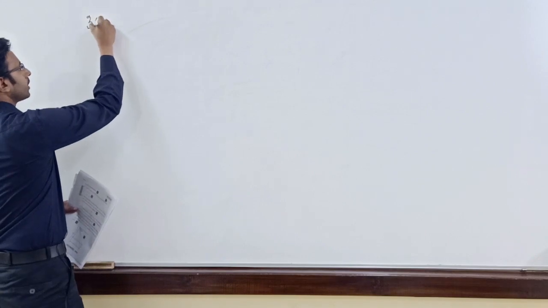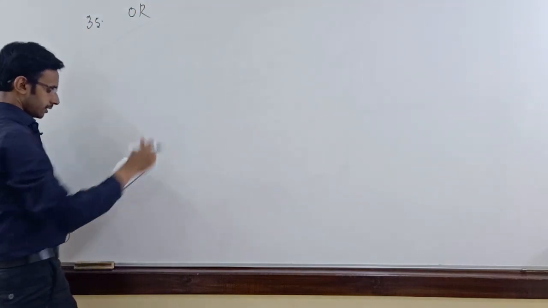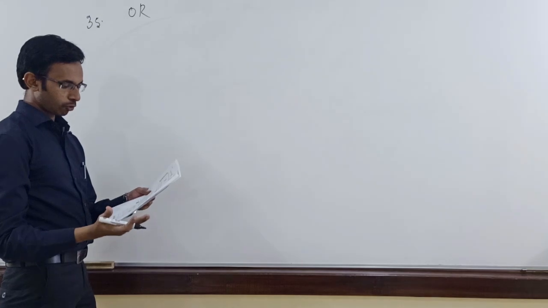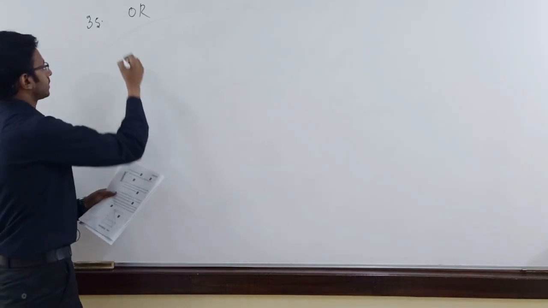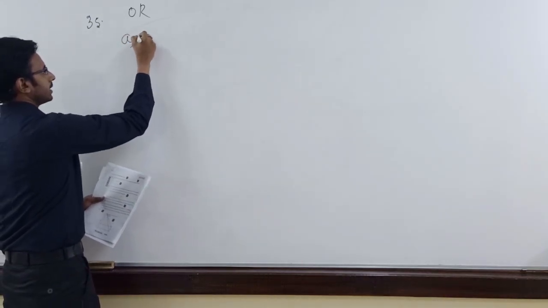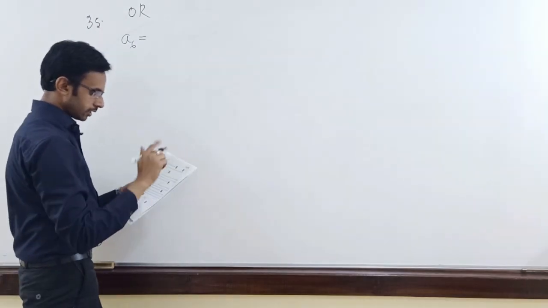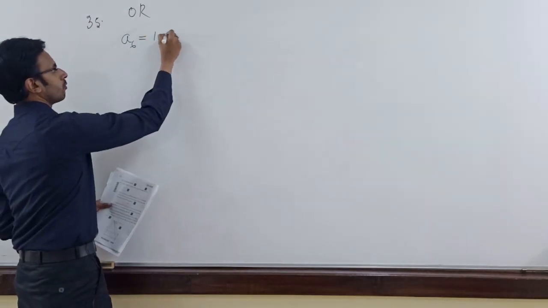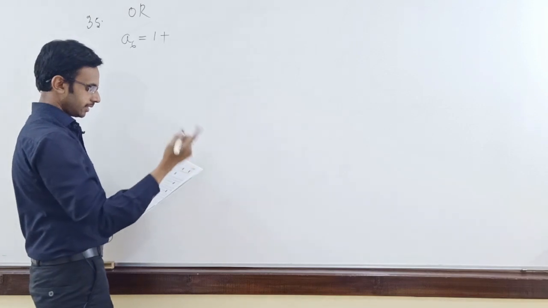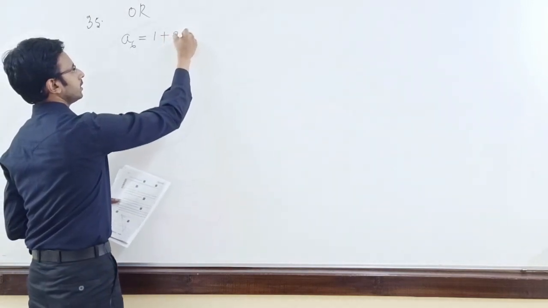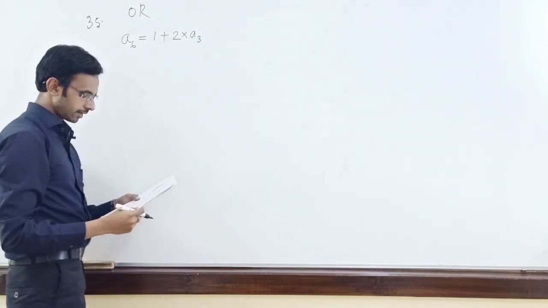Problem number 35, optional question: in an arithmetic progression, the 6th term, which we write as A6, is 1 more than twice the 3rd term. This is the first hint given.